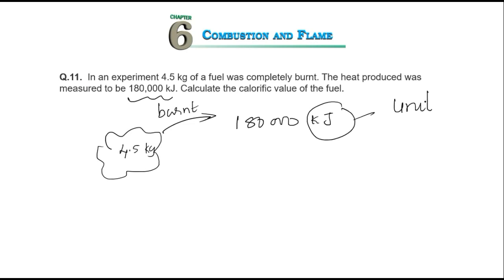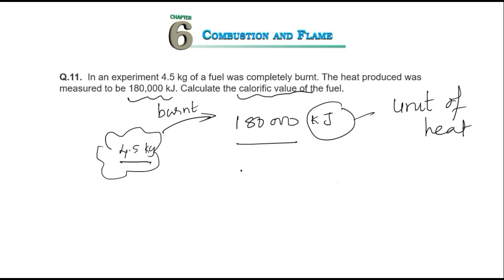A unit of heat. So this much heat energy is produced after burning 4.5 kg of fuel. Calculate the calorific value. It's very simple. And what is calorific value? Calorific value is the amount of heat given out per 1 kg.